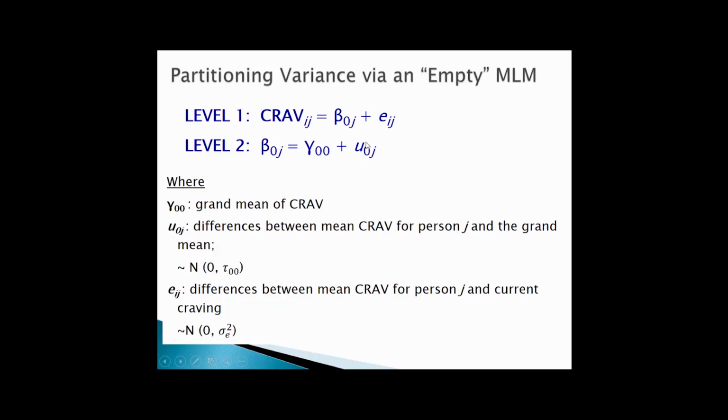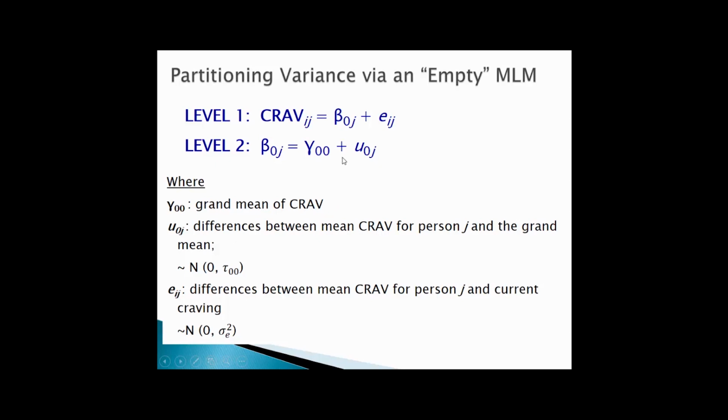Okay? And if you are familiar with multiple regression, you might recognize the residual, the e_ij, as sort of the leftover variability that's unaccounted for in the model. Okay, so this is sort of the variability around each person's mean.